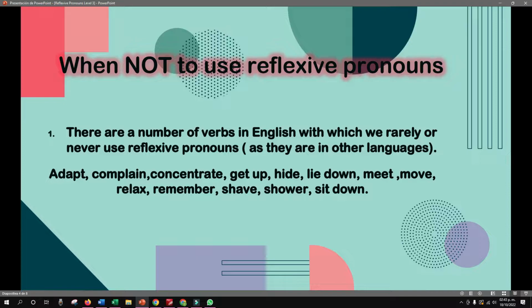Con estos verbos ustedes no pueden utilizar un pronombre reflexivo, ¿verdad? You cannot say I shower myself, not right. Or I get up myself. No, that is not correct. So you cannot use reflexive pronouns with these verbs. So keep them in mind, right?